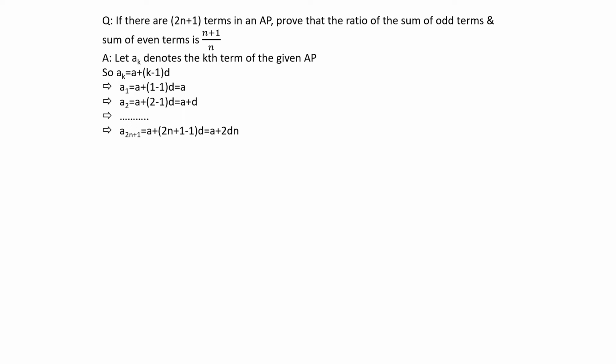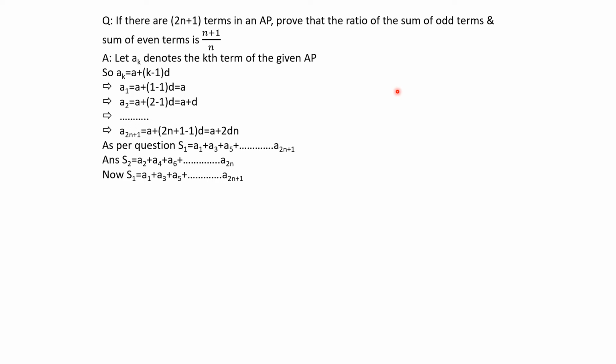Now, as per the question, S1 equals A1 plus A3 plus A5 continuing up to A2n plus 1, because S1 we have assumed to be the sum of the odd terms. And S2 equals A2 plus A4 plus A6 and continues up to A2n.